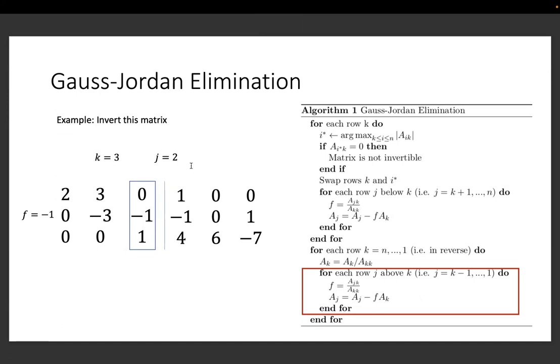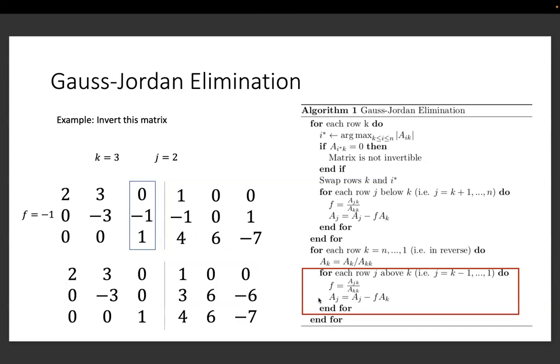J is equal to 2 and k is equal to 3, so A23, which is equal to minus 1, and Akk is 1. So in this case, F is equal to minus 1.